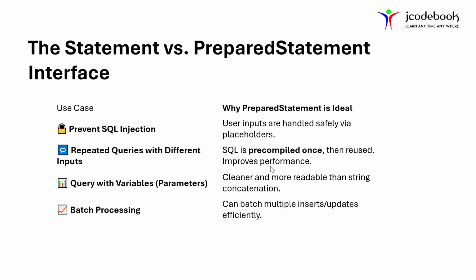That helps to improve performance. It is also cleaner and more readable than string concatenation, and the prepared statement helps you with batch multiple inserts or multiple updates efficiently. So these are a few differences between statement and prepared statement. You can use anyone in order to perform different operations.